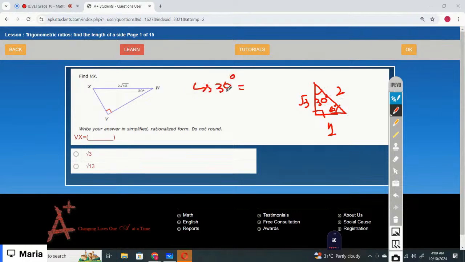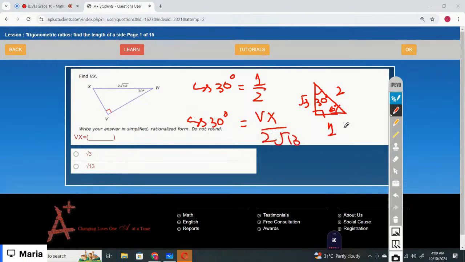So cos of 30 degrees equals 1 over 2, just looking at this triangle. Now look at the given triangle. Cos of 30 degrees equals Vx divided by 2 square root 13.